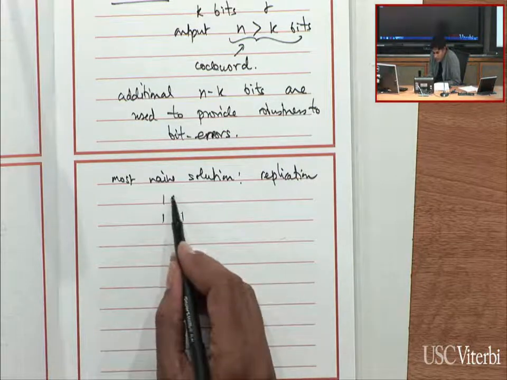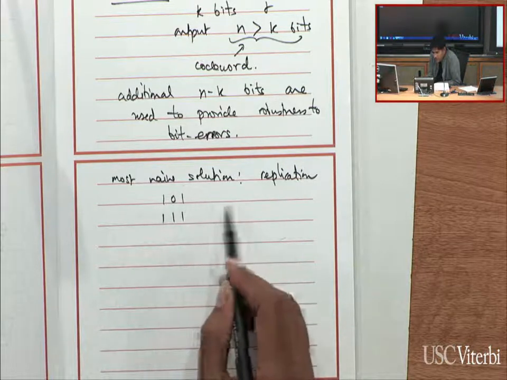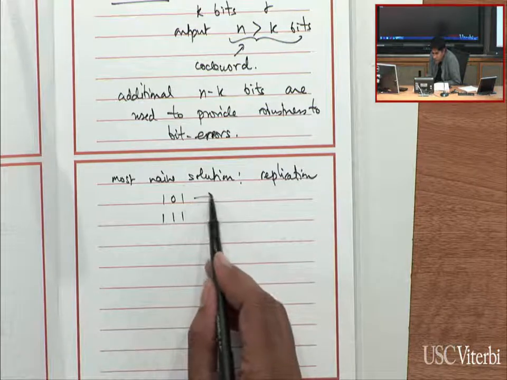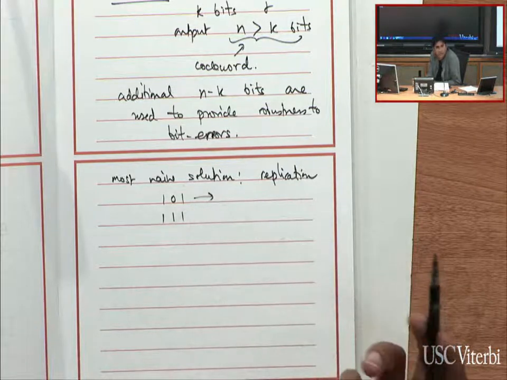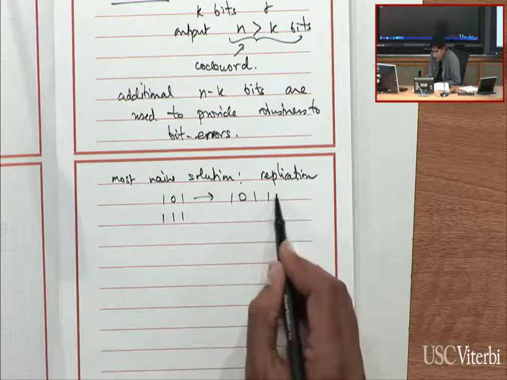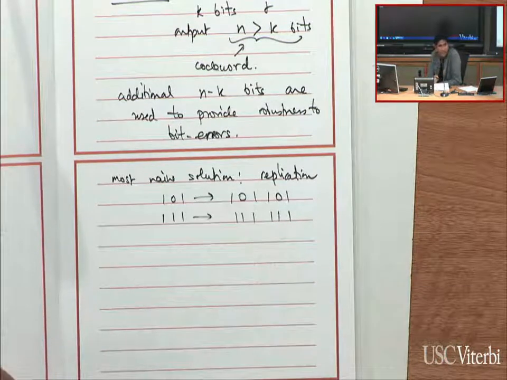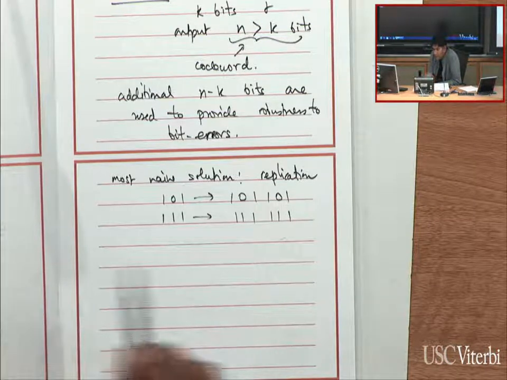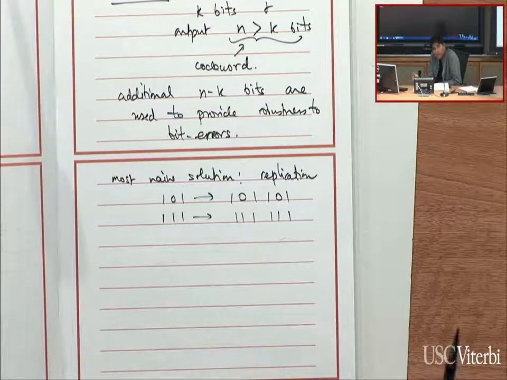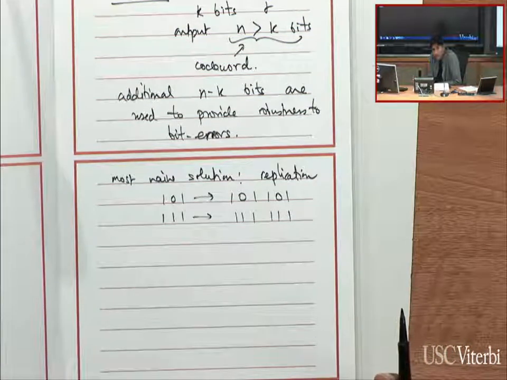It could be any 3 bits that I'm sending. A replication code would simply send the same bits twice. So I would send 101, and I send 101 again. If I send 111, I send 111 again. Right?